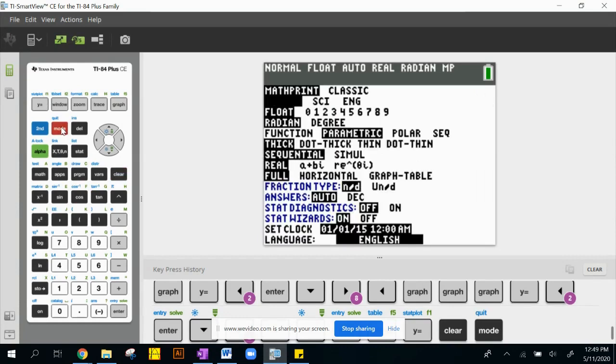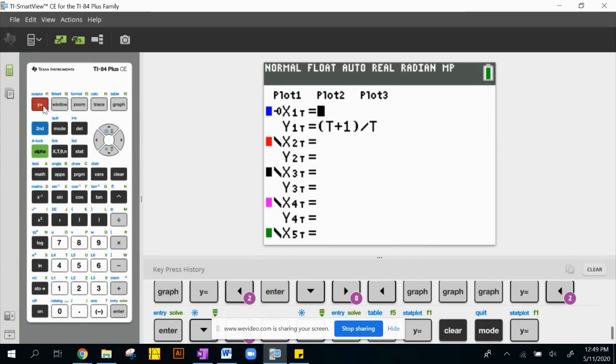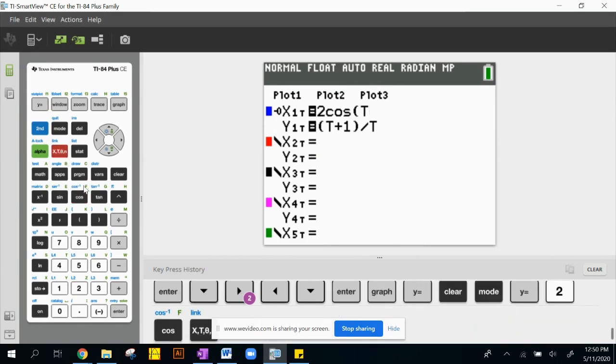If I clear, I think I'm in radian mode, so I'm good. So y equals, what was it for this one? I already flipped my page. 2 cosine theta. And x equals 4 sine theta. And I think I still have my window from -10 to 10.